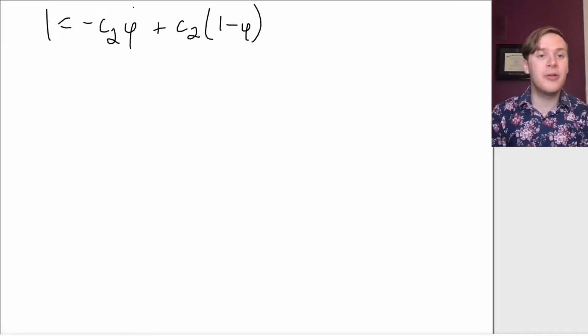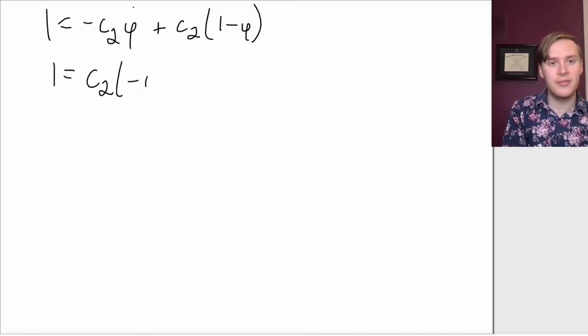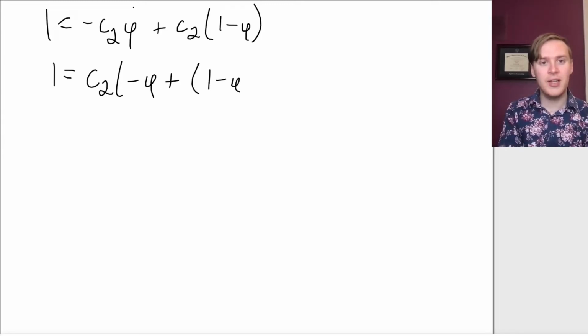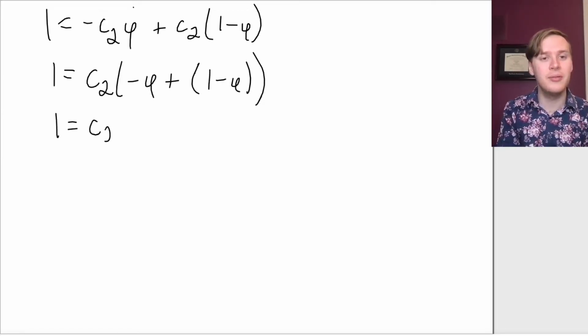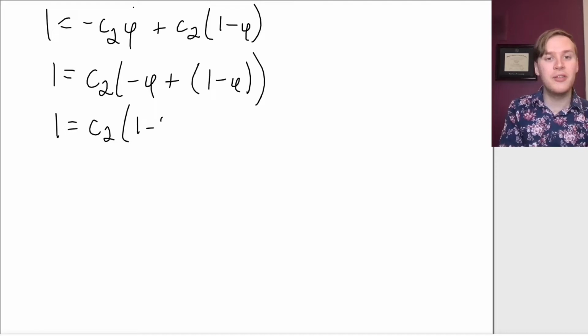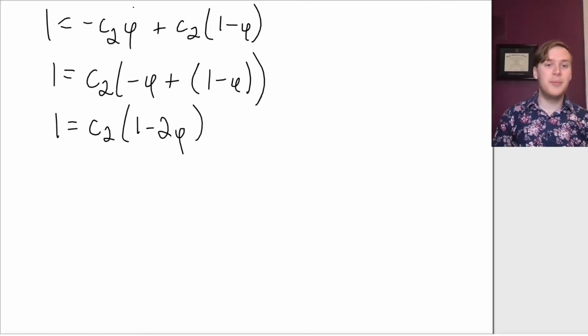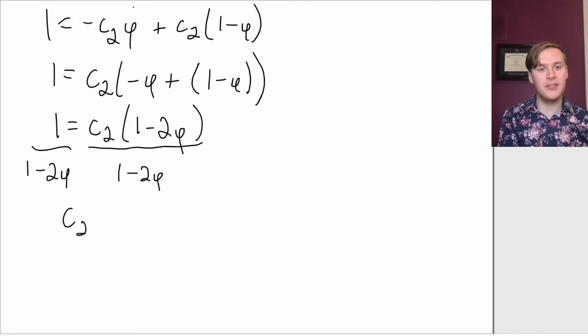We can factor out a C2 on the right side, and we get 1 equals C2 times negative phi plus 1 minus phi. And then inside this parentheses, we get 1 equals C2 times 1 minus 2 phi. All we have to do is combine like terms and act like phi is a variable, even though it's a number. And then we can divide both sides by 1 minus 2 phi. So what we get is that C2 is equal to 1 over 1 minus 2 phi.